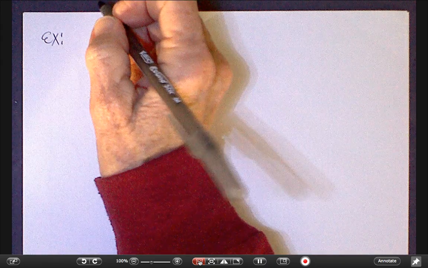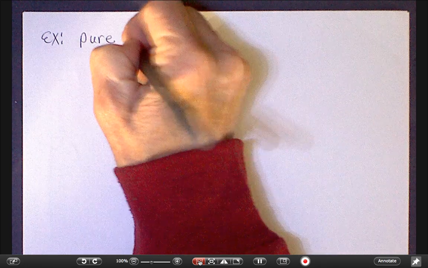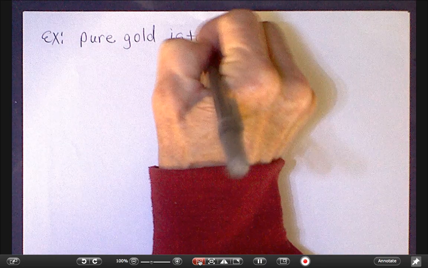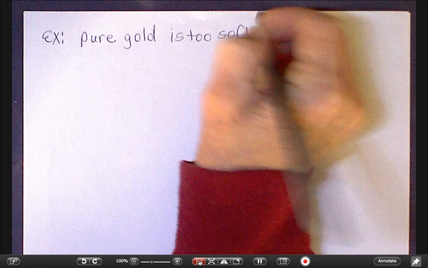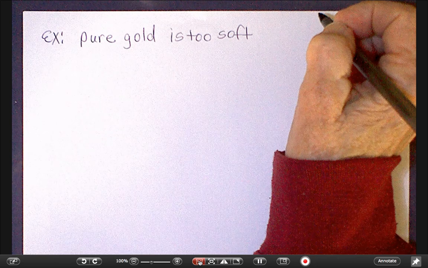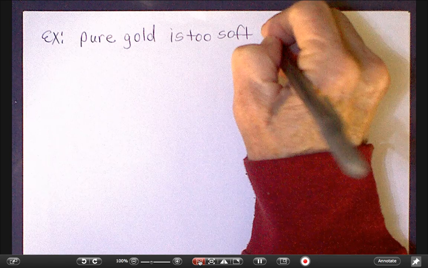Okay, so let's look at an example of an alloy. The element is gold, so pure gold is just the element gold, yes? Pure gold is too soft for what? What do they like to make that's gold? Jewelry. Too soft for jewelry.